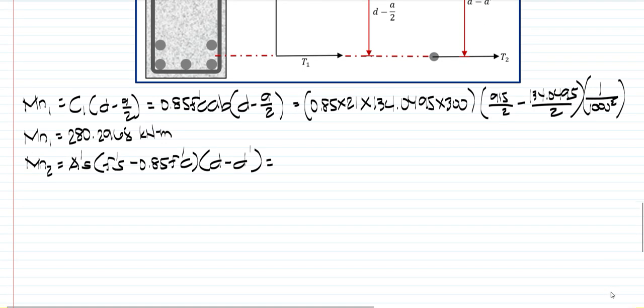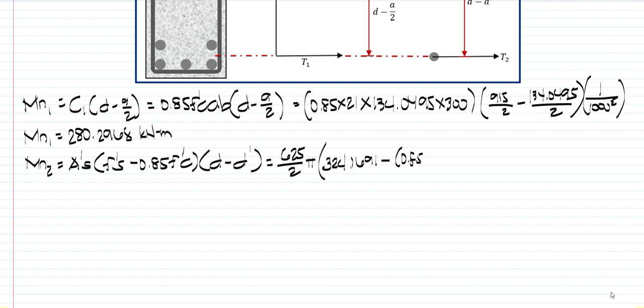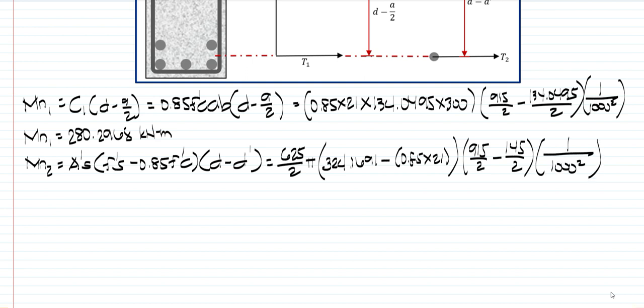So, that will be a value. A prime S natin is 625 over 2 pi times F prime S na nakuha natin kanina is 324.1691 minus natin yung 0.85 times 21, then multiply natin yung 915 over 2 minus yung D prime natin na 145 over 2, at i-multiply natin siya sa 1 over 1,000 squared.